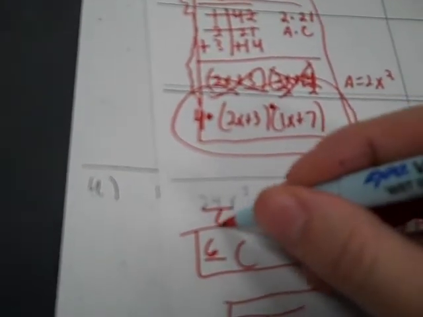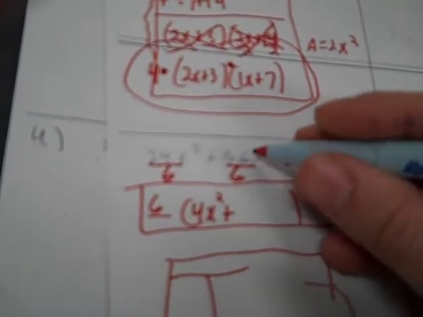GCF here is 6, guys. Okay, so 6. Pull your 6, and then show yourself dividing. Again, if I'm going to repeat, just like I have on every other problem, you are not dividing by 6x, only 6. So the x's stay.